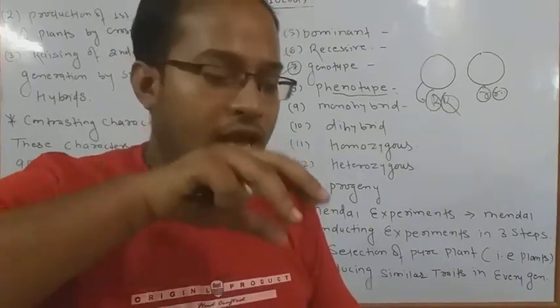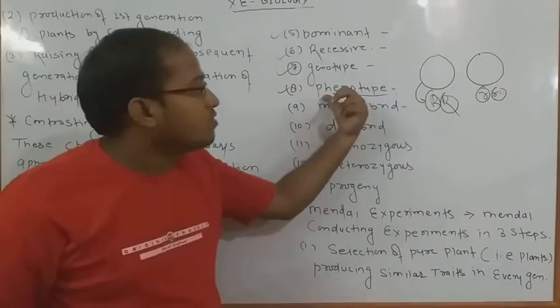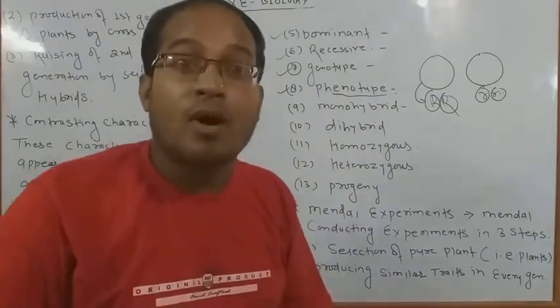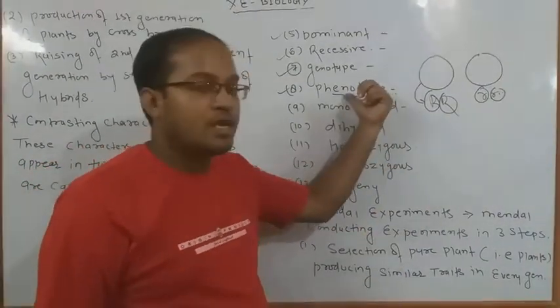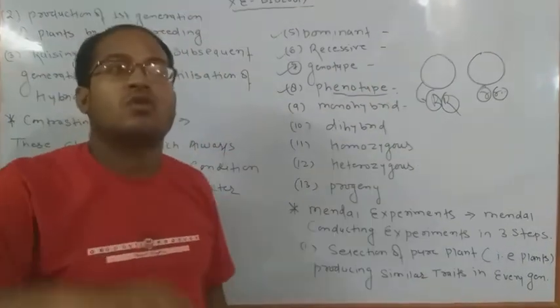And phenotype means they express their characters from outside the body. ठीक है, जो बाहर से express करते हैं that is called phenotype, जो अंदर से express करते हैं that is called genotype.